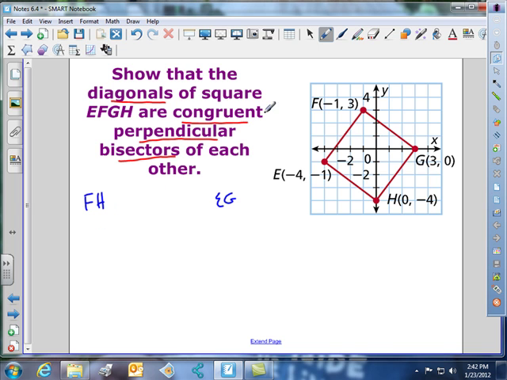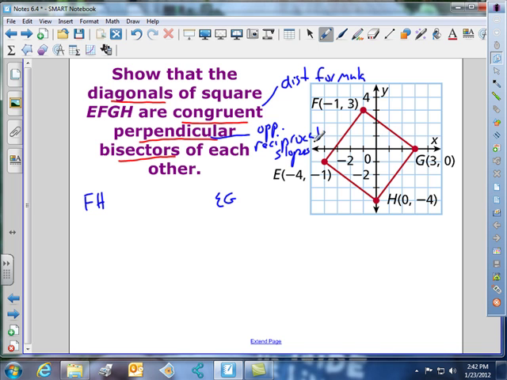What I need to use in that case, and I'm just going to point to this, is the distance formula to prove that those two sides are congruent. I then want to see, are they perpendicular? And with perpendicular, if you recall, that means we use opposite reciprocal slopes.